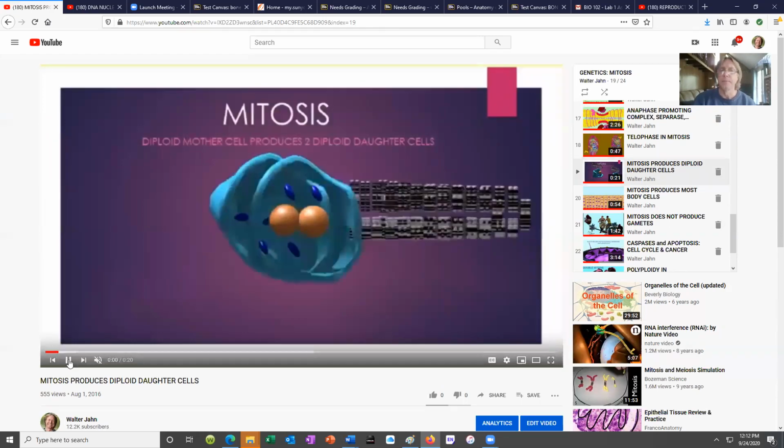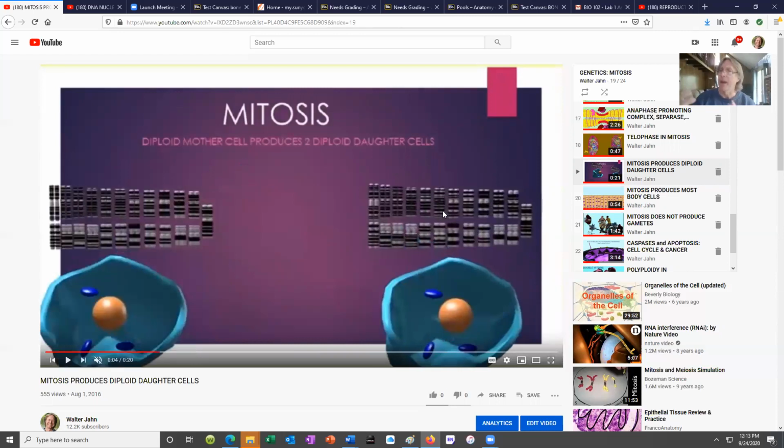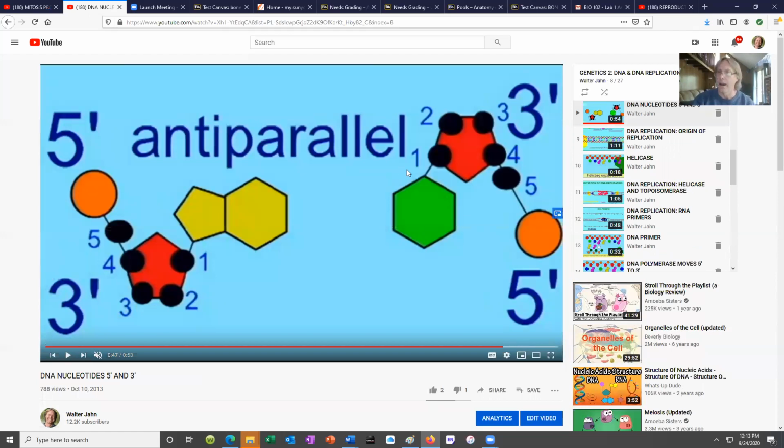When a cell then finishes its mitosis, that parent cell, which started off with 46 chromosomes, can divide to make two daughter cells, each of which has 46 chromosomes. And so your brain cells have the same genes as your smooth muscle cells, or your bone cells, etc.